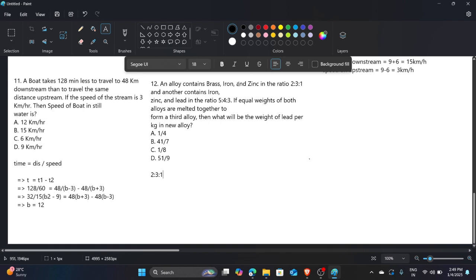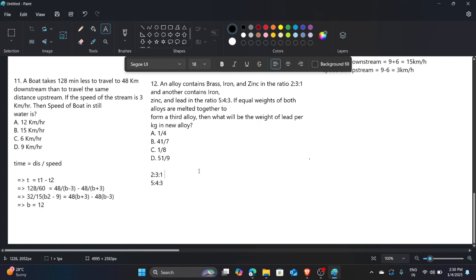In the first container brass, iron, zinc, and in the second container iron, zinc, and lead in a ratio of 5:4:3. If equal weights of both alloys are melted together to form a third alloy, then what will be the weight of the lead in kg in the new alloy?